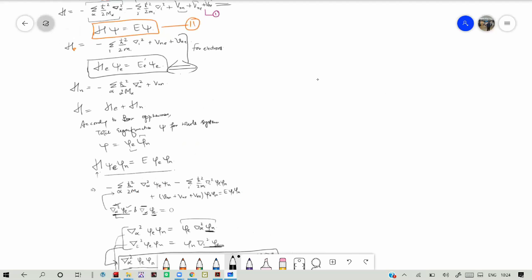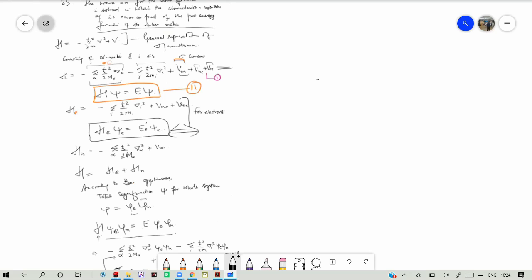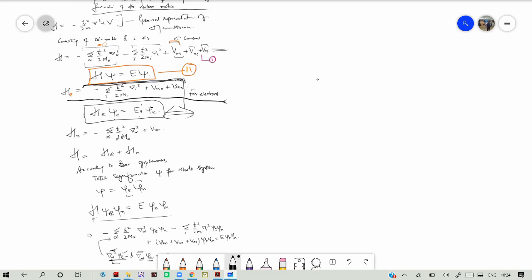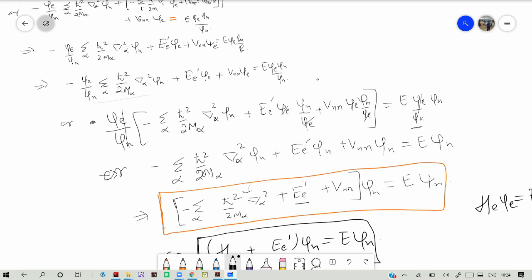This is He, and He psi E is equal to E dash psi E. So this becomes the energy of an electron, and that is what I have written here.